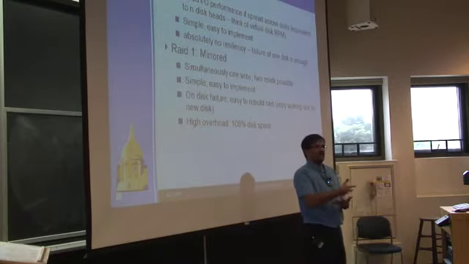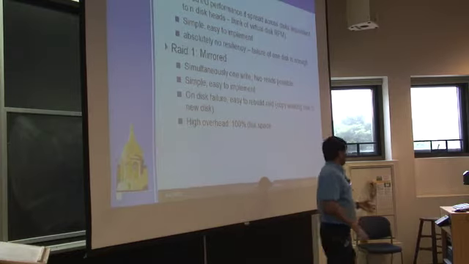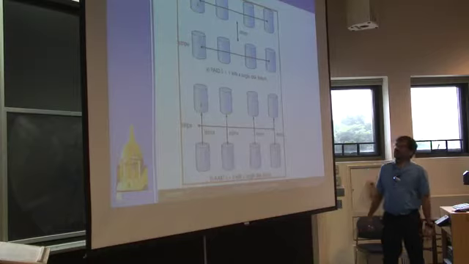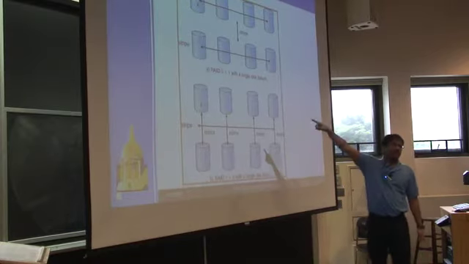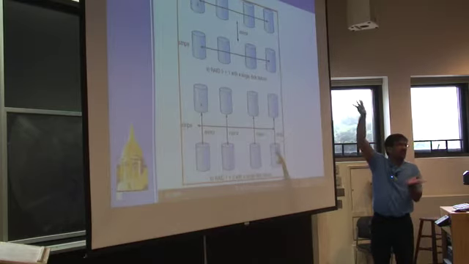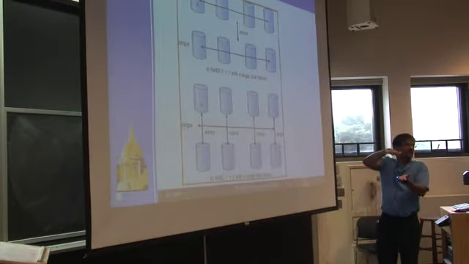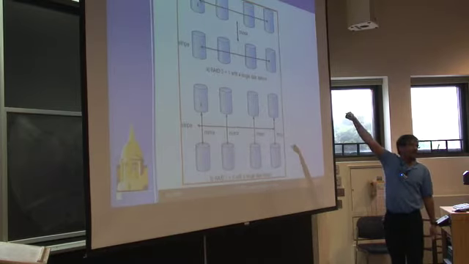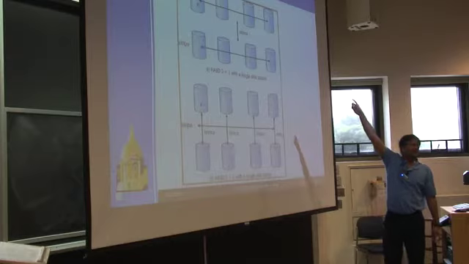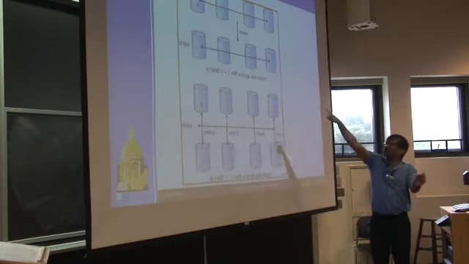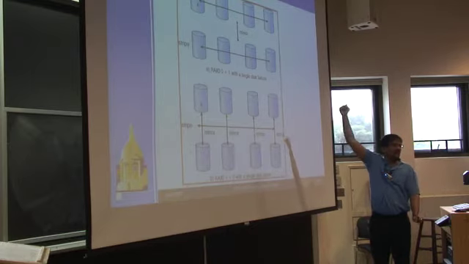RAID, they call it RAID 01 or 10. So RAID 01: if you have 8 disks, you stripe 4 disks into one file system, you put the next 4 disks and stripe them, and then you mirror these 2 file systems, right?